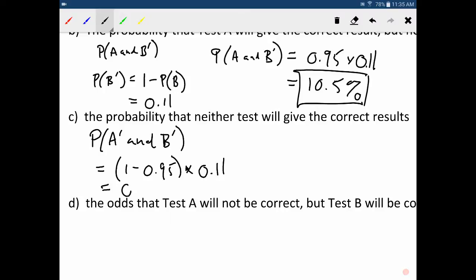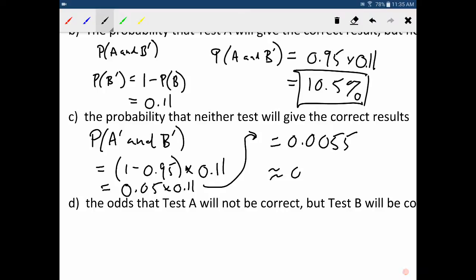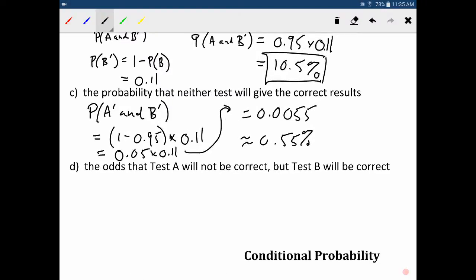So we'll get 0.05 times 0.11, which is going to be 0.0055, or 0.55%. So just over 0.5% likely that both tests will be wrong. So very unlikely.